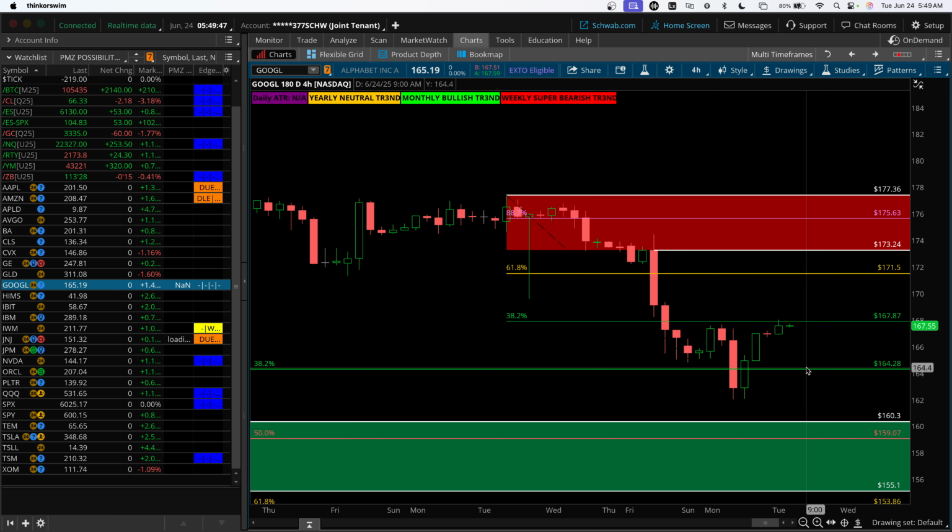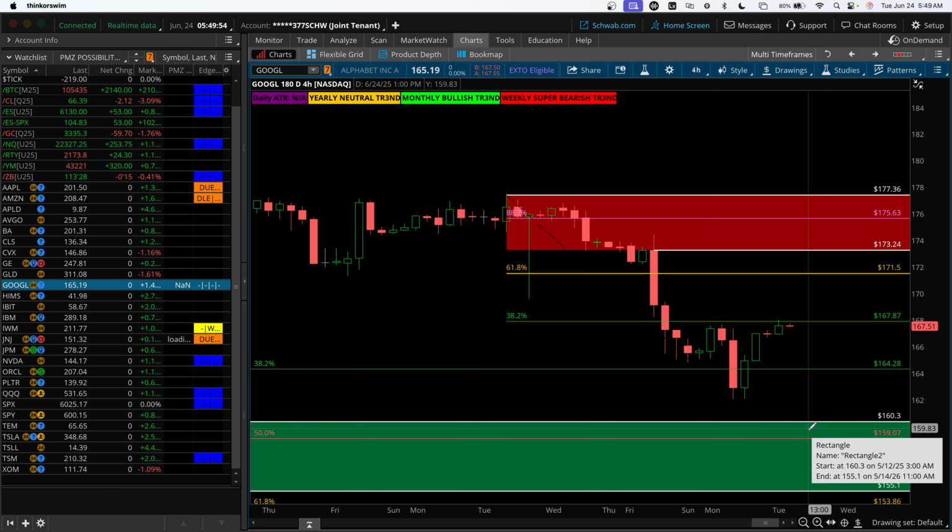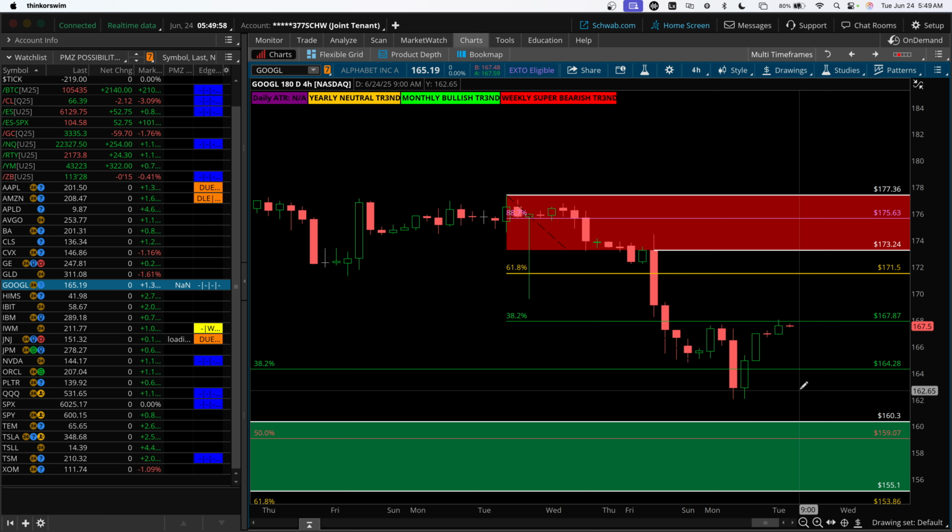I want to trim at 164.28, and my target is 160.30 by 155.10. So now I have a trade plan both to the upside and the downside with defined targets so that I'm not reacting on emotion once price gets there.